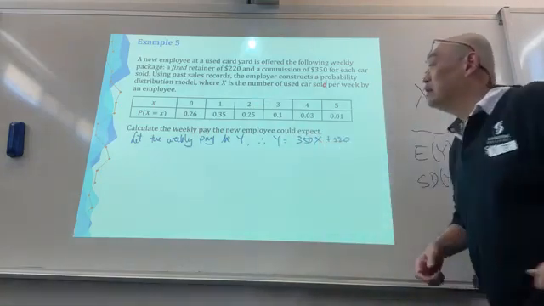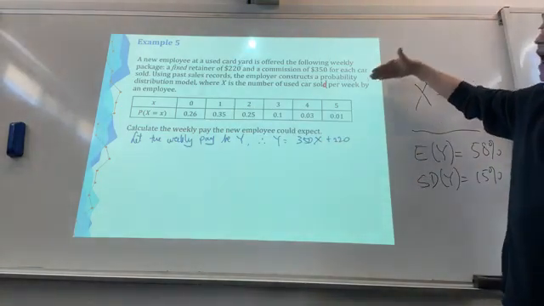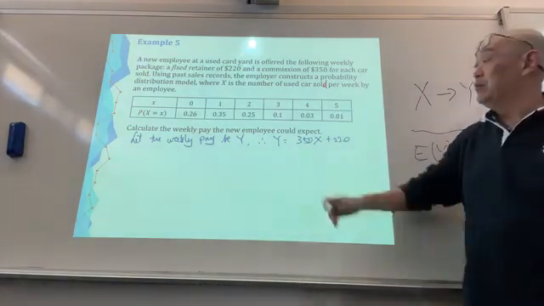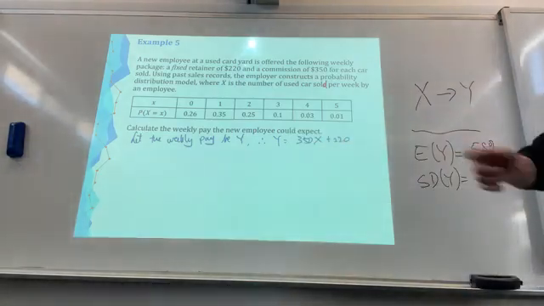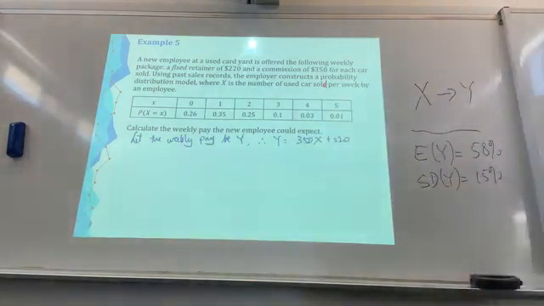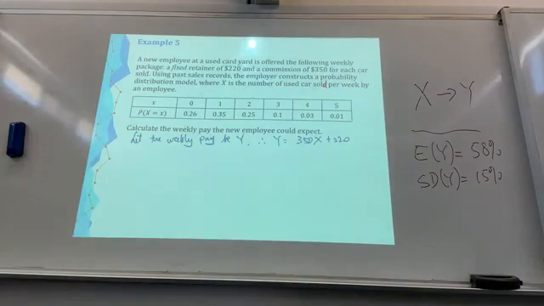But the thing is, what you want to do is find the weekly pay the employee could expect, or the expected pay, which in this case, because you know it's a probability mass function, is the mean. You need to work out the expected value of X as well.